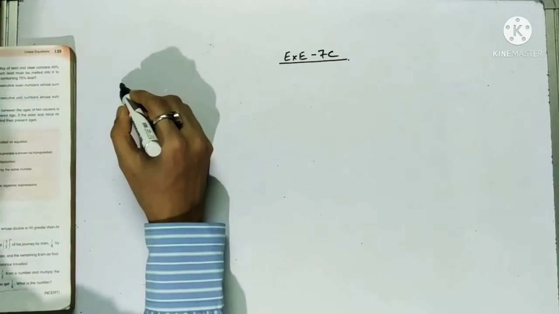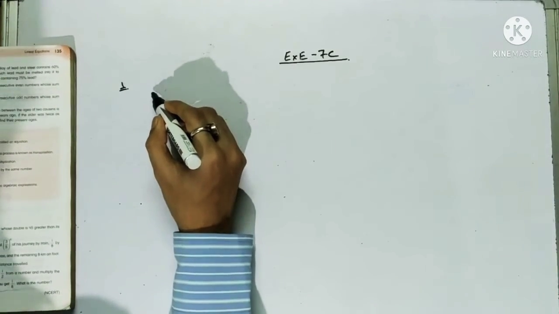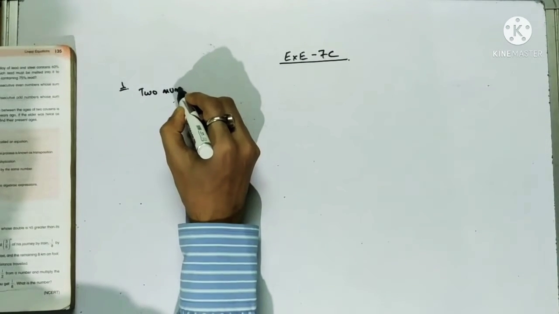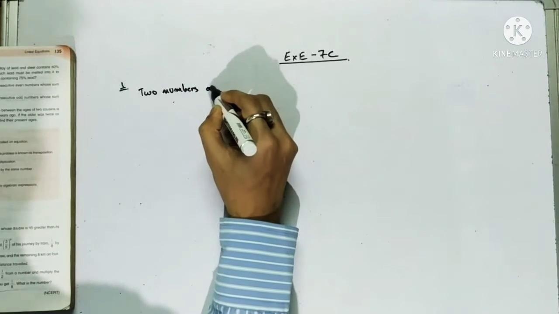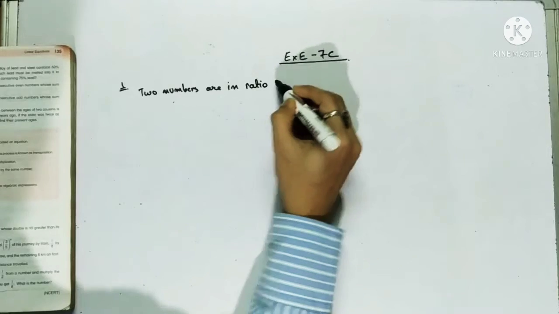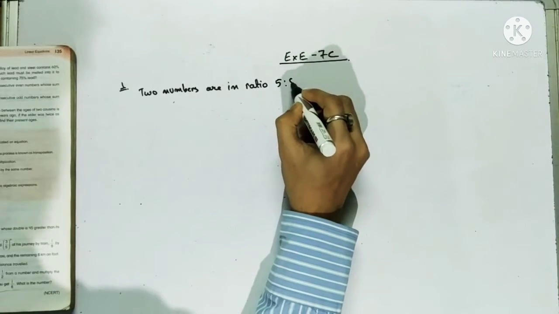So exercise 7C question number 1, it is saying two numbers are in ratio 5:8.